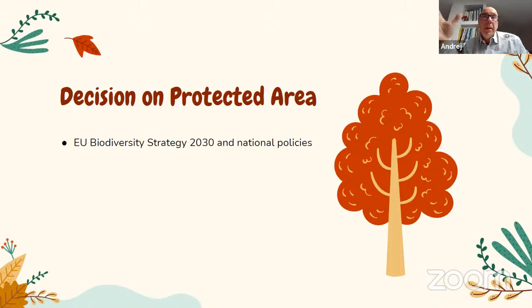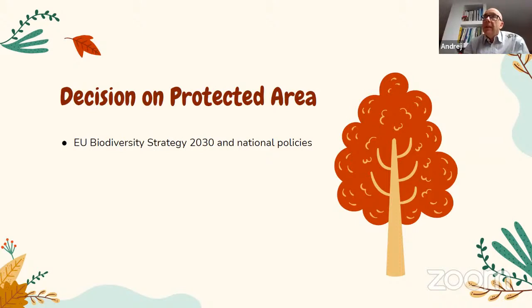Because the Czech Republic and also other countries have their own legislation. I would just like to highlight the EU Biodiversity Strategy, and then to relate it to the national policies on protected areas.